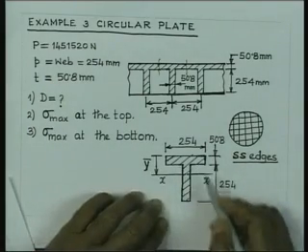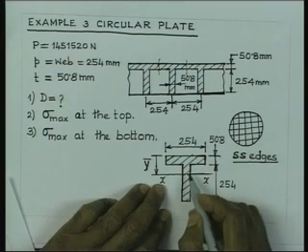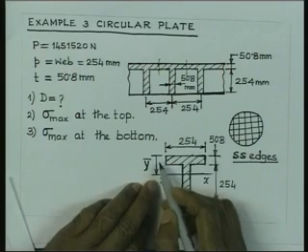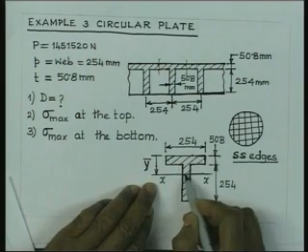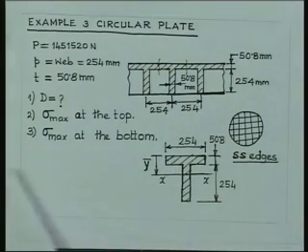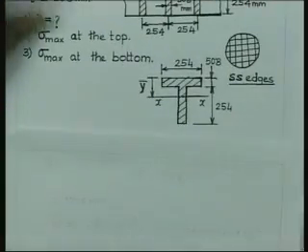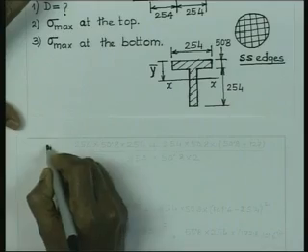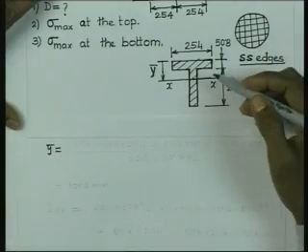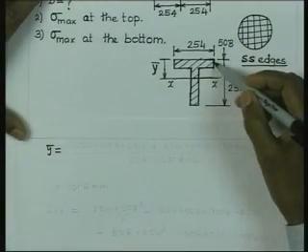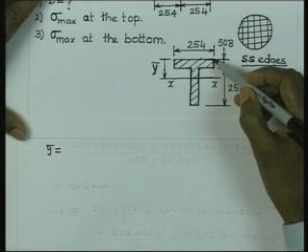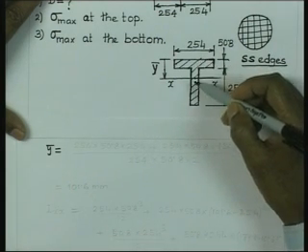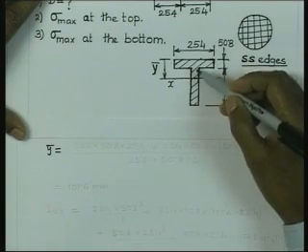You treat it as if this is the section of the plate, and therefore, we can now calculate the location of the CG. All the dimensions are known, and I would like to just be brief here. We calculate the CG distance y bar by considering the moment of this portion about this base, and the moment of this portion about this base, divided by the total area of these two segments.